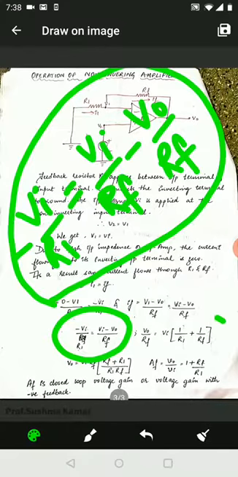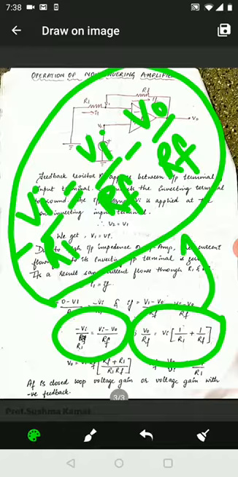So here in this particular equation, we have considered V0 upon Rf is equal to, amongst the Vi terms, Vi being taken common, 1 upon R1 plus 1 upon Rf. All this equation is derived from this.